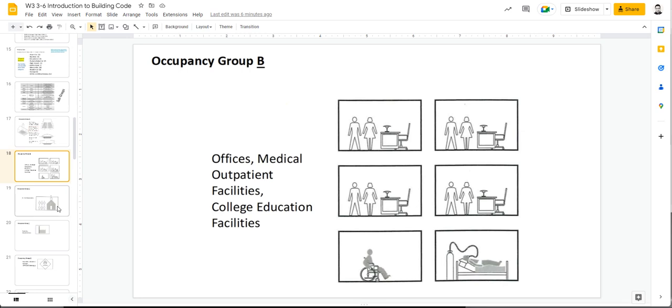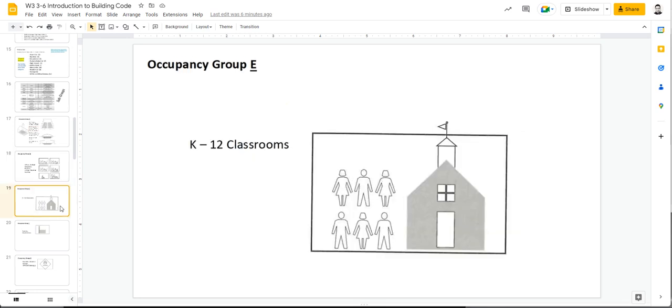Okay. Another occupancy that we talked about is education, primarily for children. And so, again, different requirements.